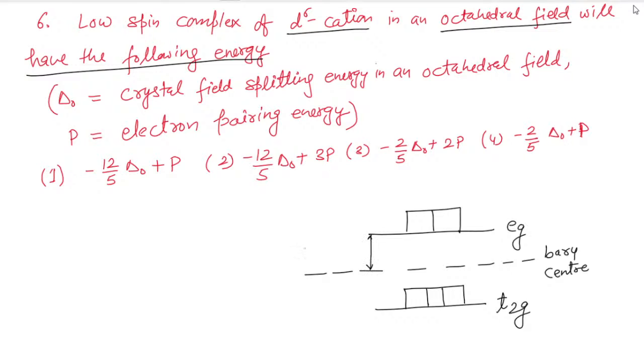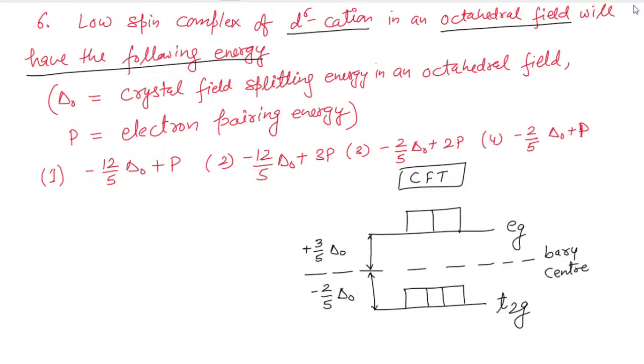So it is plus 3 by 5 delta O, and it is minus 2 by 5 delta O, right? According to CFT, crystal field theory, it is like that.